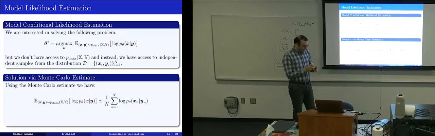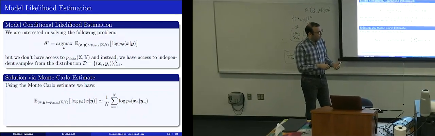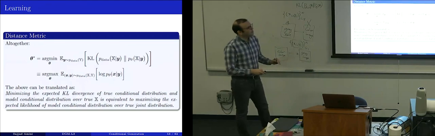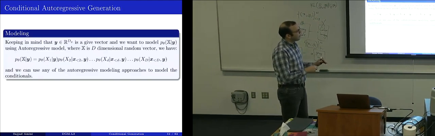So nothing changed, just the condition is added to your model and it can be used for any of the terms you use. This is the most important point about conditional generation: this term.